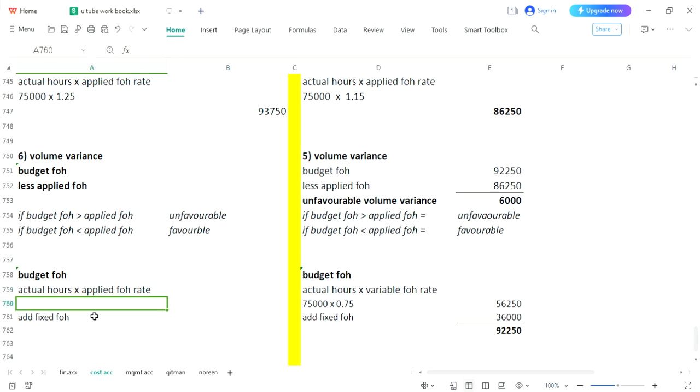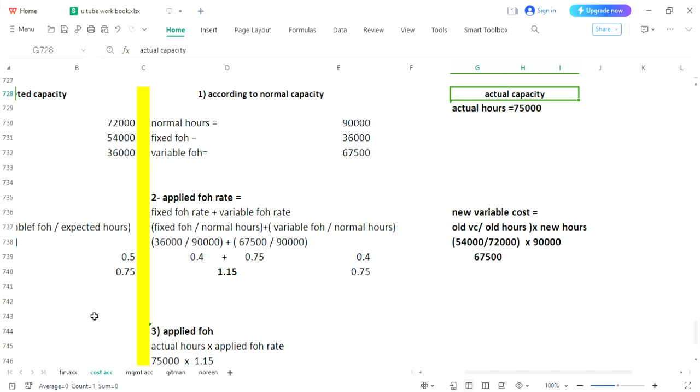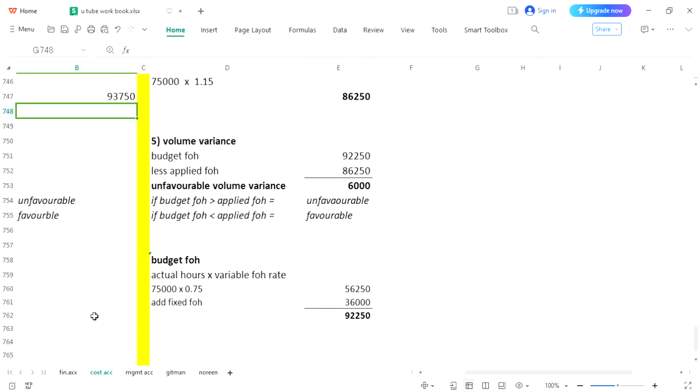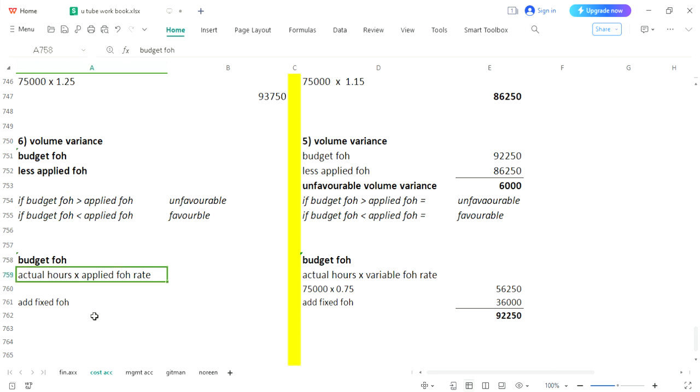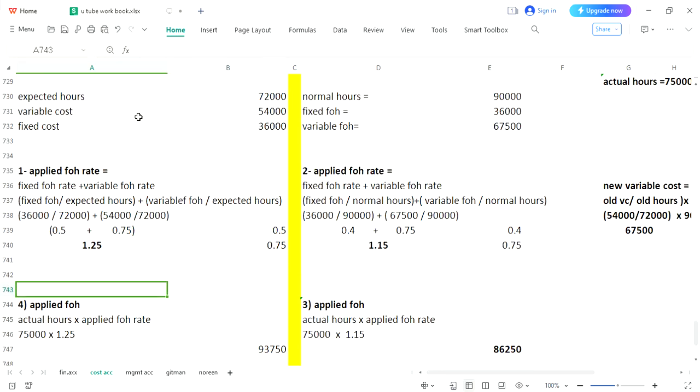Actual hours 75,000. As you can see at the extreme right side, we have written actual capacity 75,000. So we are using the same actual capacity over here, 75,000, and then we need to multiply it with the applied FH rate. The rate we have calculated over here is 1.25, so we can use the similar rate.